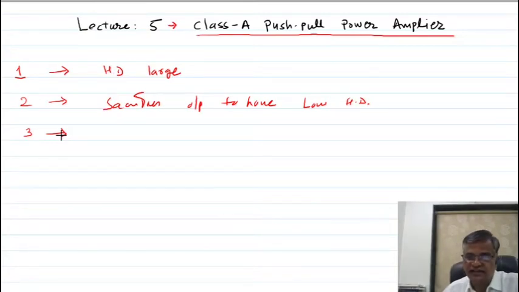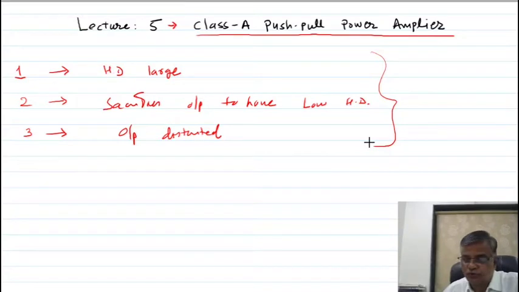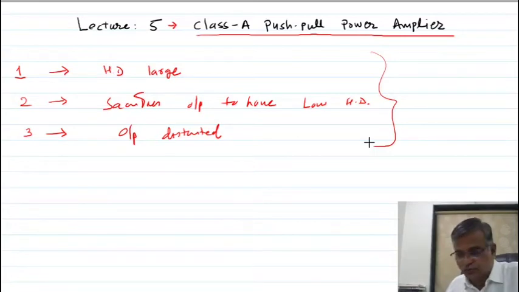Due to magnetic saturation, your output will be distorted. All these three drawbacks can be overcome in a push-pull circuit. Let us see now the class A push-pull power amplifier circuit.